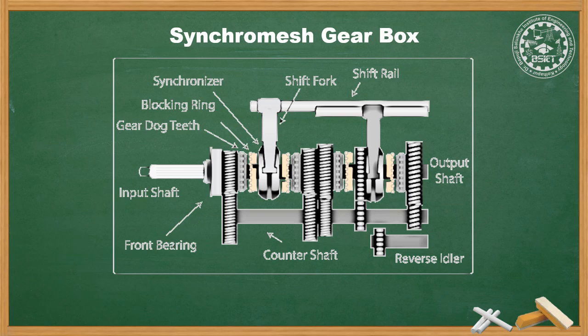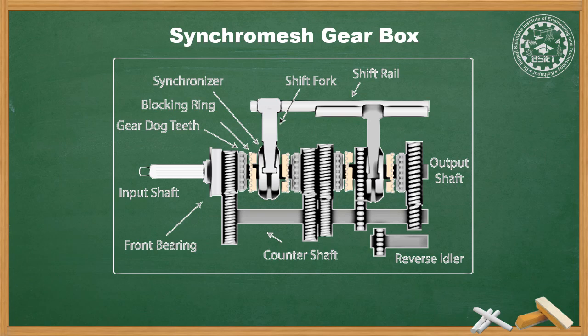The power transmission capacity in the synchromesh gearbox is more as compared to the constant mesh gearbox. Gear changing can also be done by every type of operator and teeth clash is avoided. Hence, with the help of the synchronizer unit, the need for double declutching is avoided.